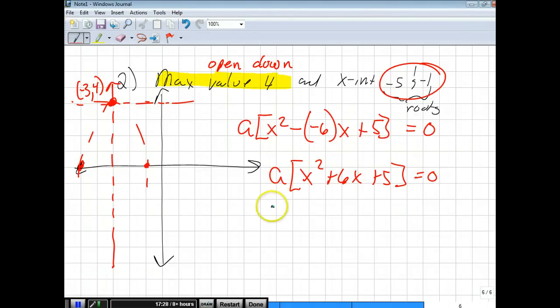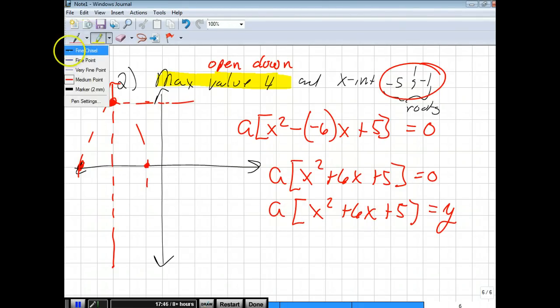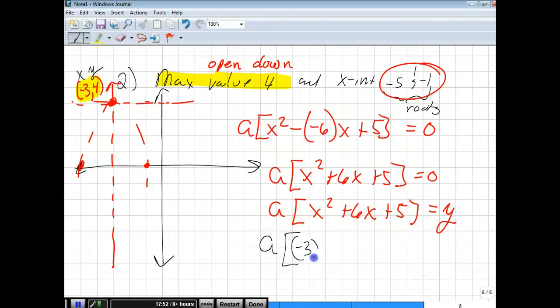Now set it equal to y, and plug in the x and the y that you know work, which is the vertex. So in the vertex, x is -3 and y is 4. So plug that in. So we have -3 squared plus 6 times -3 plus 5 equals 4.